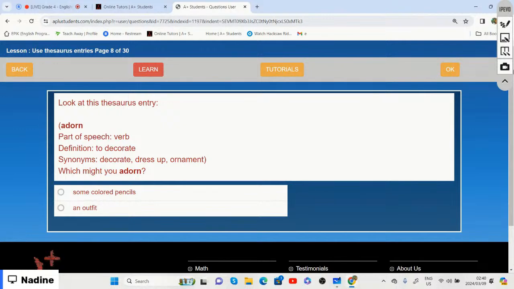And which word is adorn? Which might you adorn? Some colored pencils or an outfit?